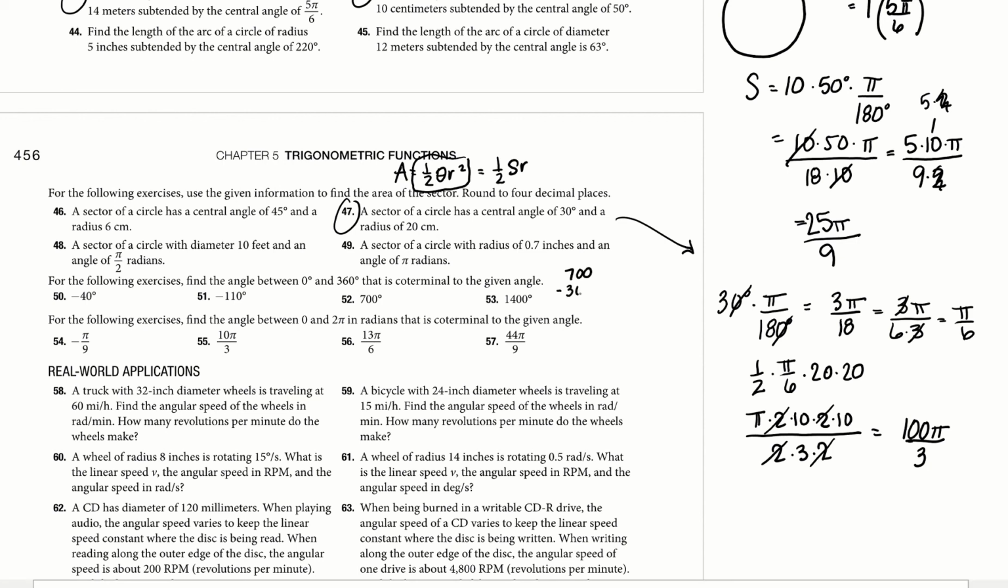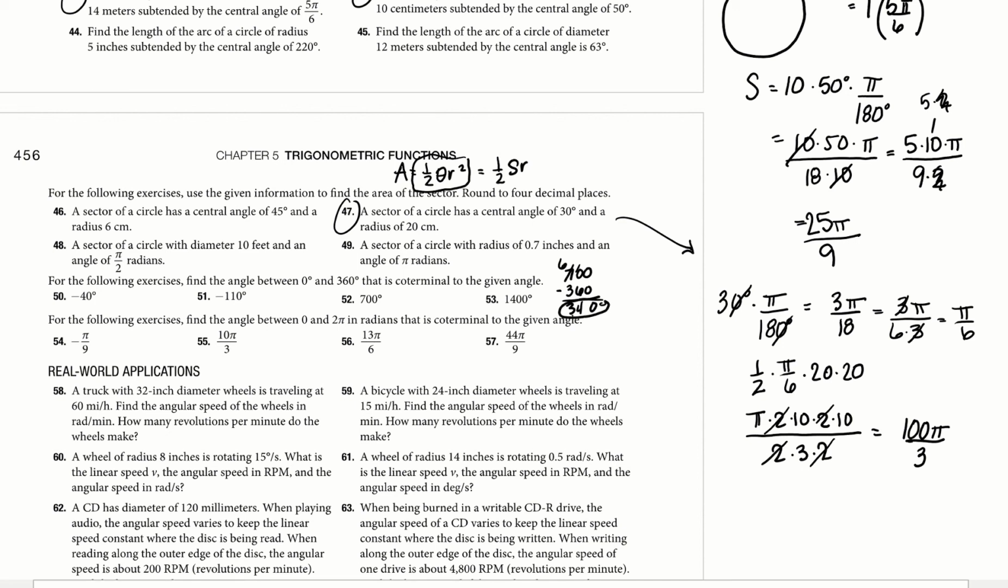I'm going to keep subtracting 360 until I get an angle smaller than 360. Okay, 340. That is smaller than 360. So this would be our coterminal angle, 340 degrees.